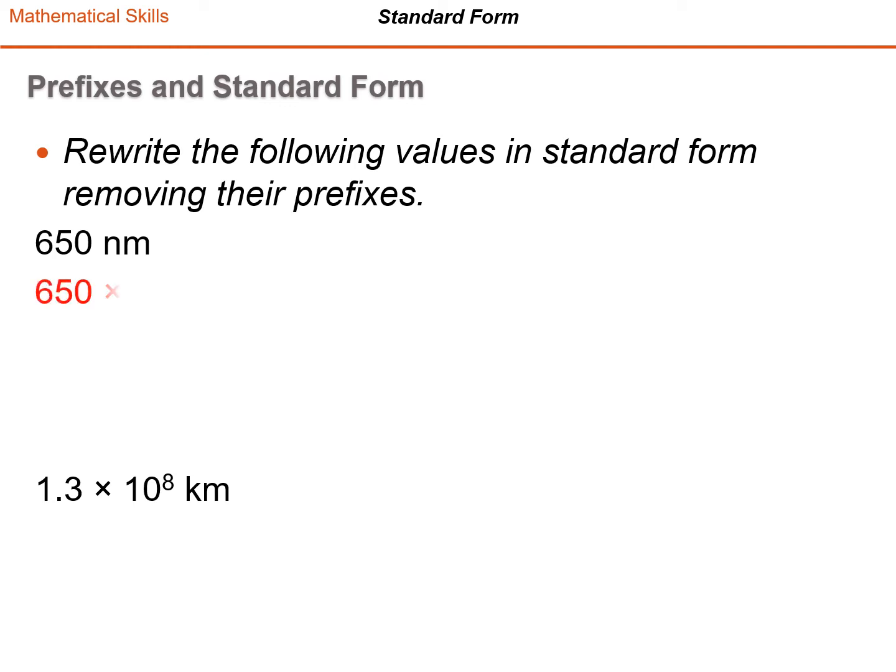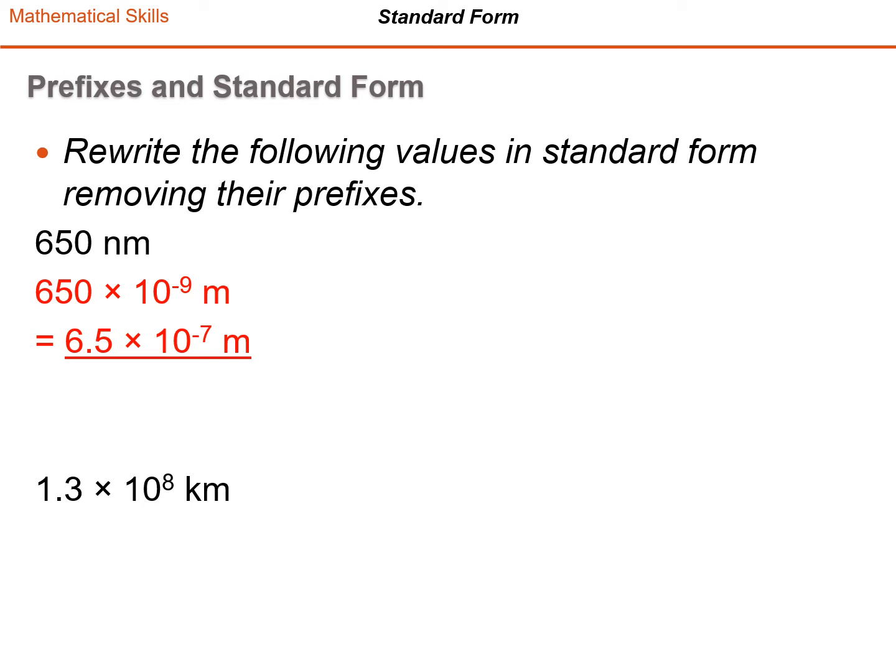So we can rewrite that as 650 times 10 to the power of minus 9 meters. We substitute the 10 to the power of minus 9 in place of the lowercase n. That we can then work out. You could enter that into your calculator and it will give you a value of 6.5 times 10 to the minus 7 meters. So that's a way of removing the nano there when you don't have a standard form number.